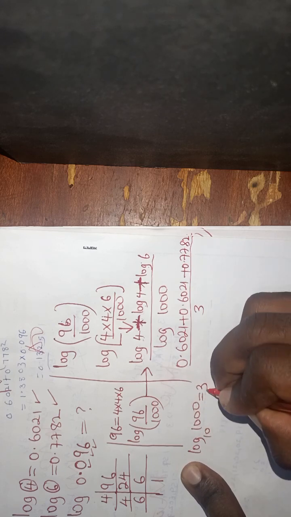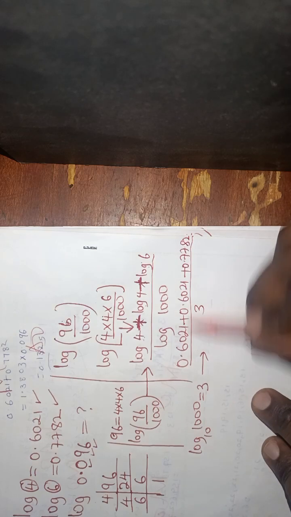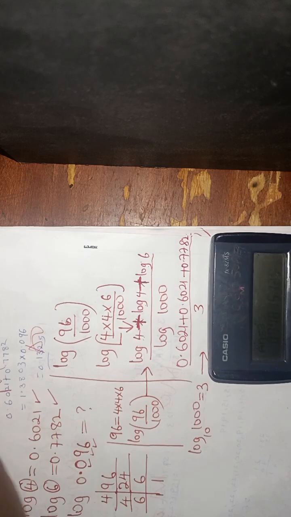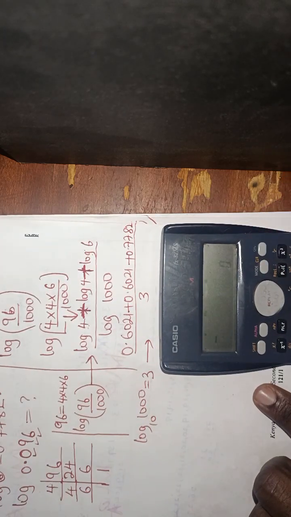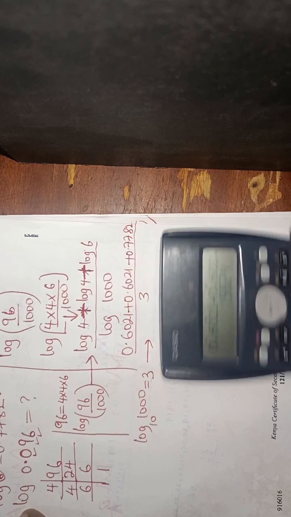So log 1,000 is 3. Let me add this on my calculator: 0.6021 plus 0.6021 plus 0.7782 gives us 1.9824, the sum of those three numbers on our numerator side.